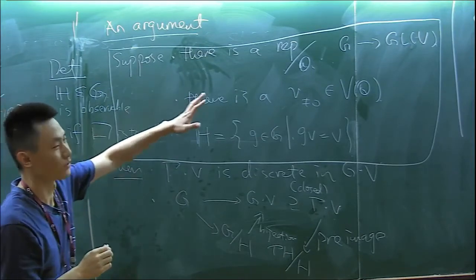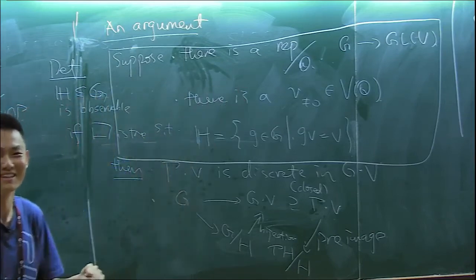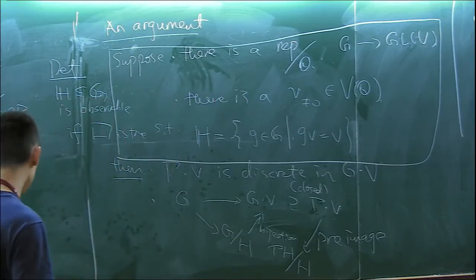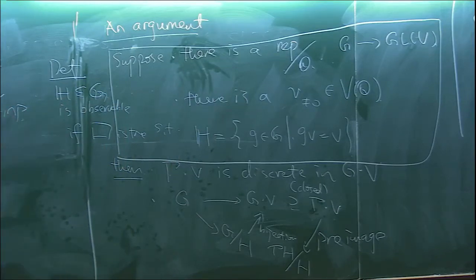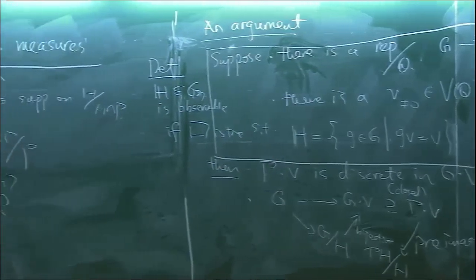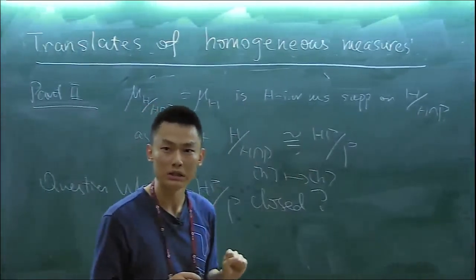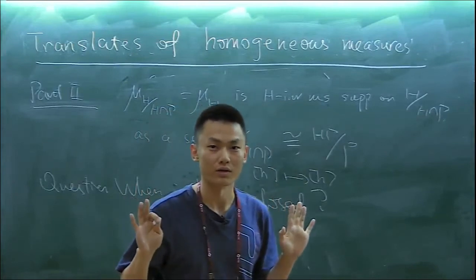This is a finite dimensional representation, just in case there's any confusion. So for observable subgroups, this guy is closed, and I can push forward the measure on H mod H intersection gamma to H gamma mod gamma. So now mu H is well defined.